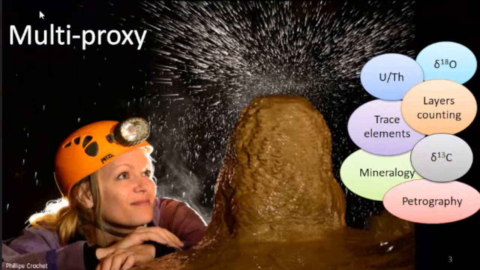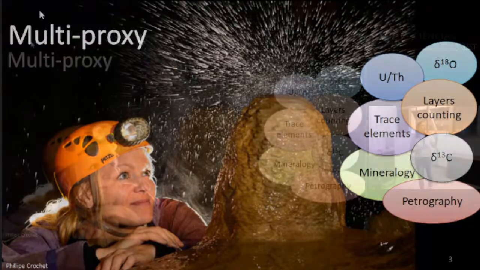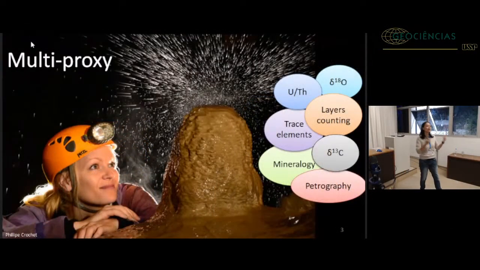Usually we do trace elements, we count layers, so we do many things using one sample. But have you thought about whether this sample is enough to reconstruct your environment and your climate? Think about this. I want to give you a message, not exactly a technique, okay?